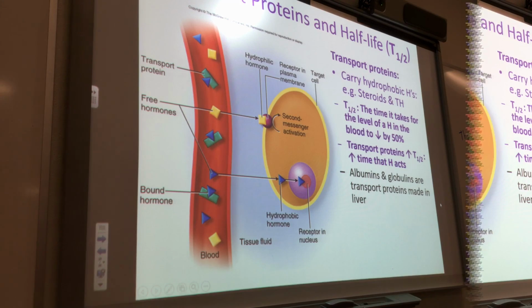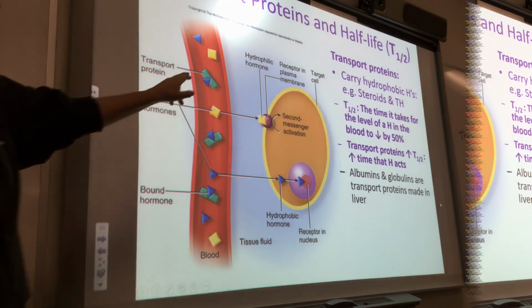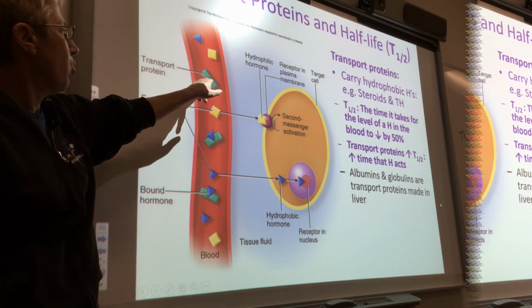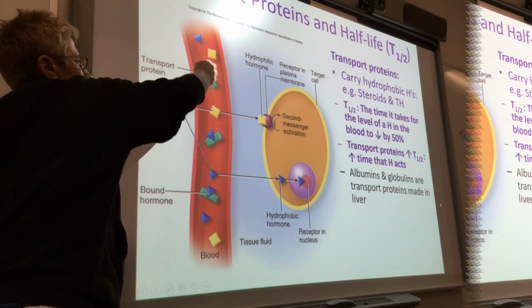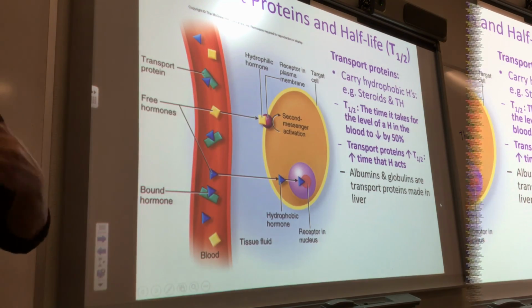That's what half-life means. They use it for radioactive particles too. So when does the transport protein release the hormone so it can pass through the cell? I think that's kind of a cool physics question. I think what's happening is the hormone is coming throughout the whole bloodstream, coming on and off the transport proteins really quickly.